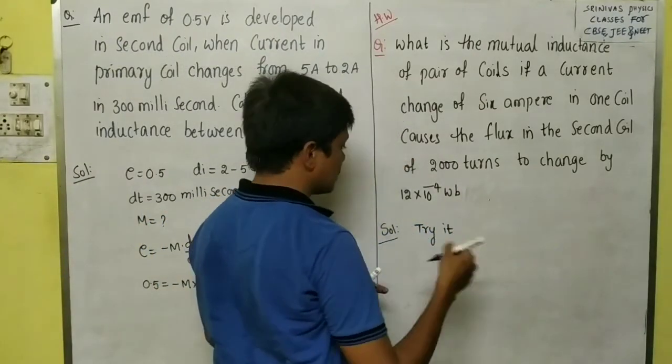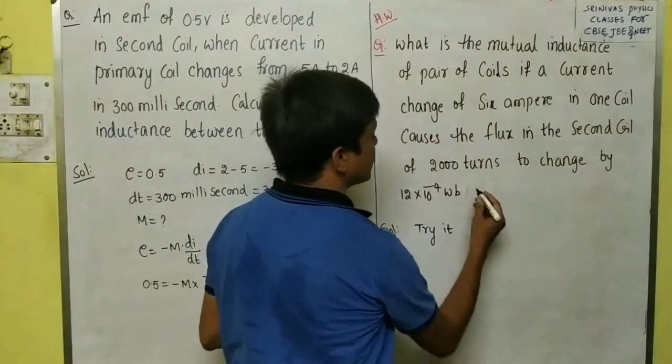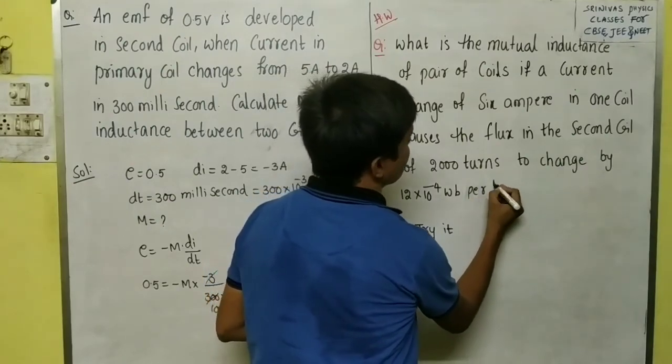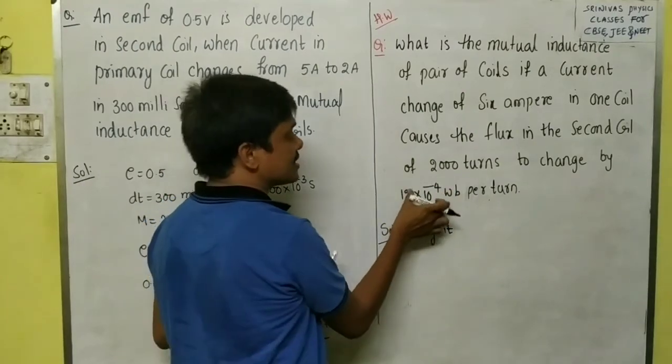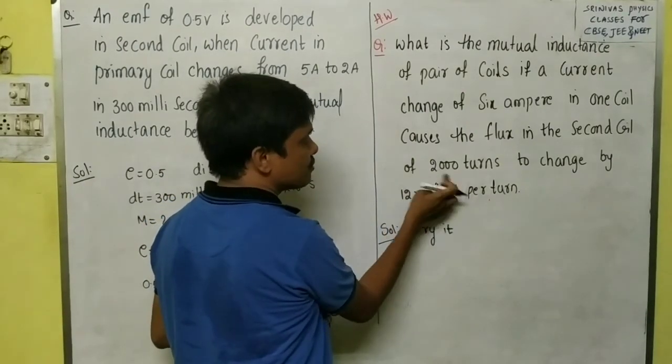That means when the current changes in one coil, the flux linked with each turn changes by this much.